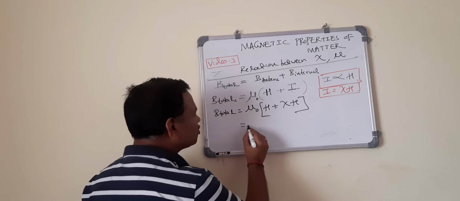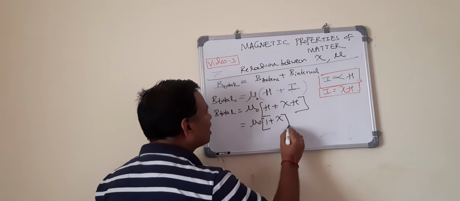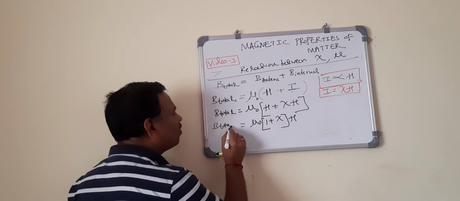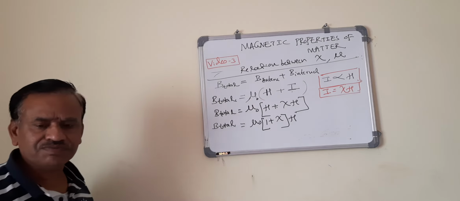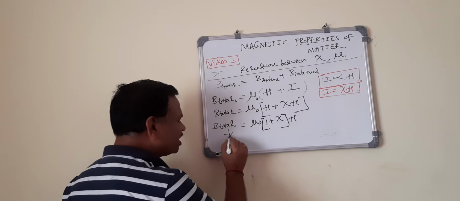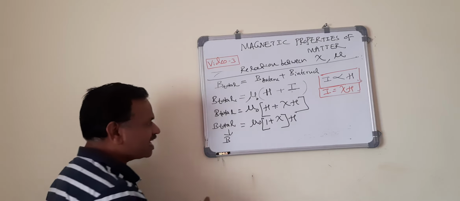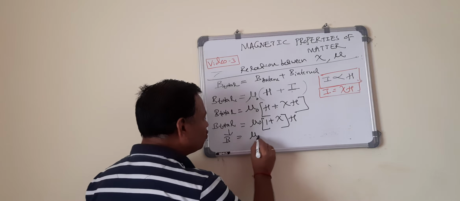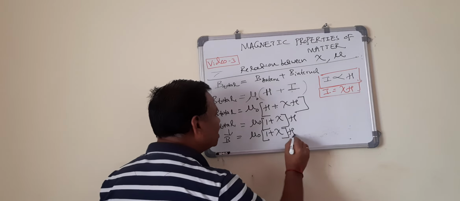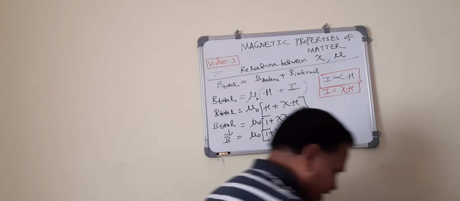This is equal to mu naught into bracket 1 plus chi into H. Students, instead of writing B total, I can write B equals total magnetic induction equals mu naught into bracket 1 plus chi into H. Now this is the important derivation.